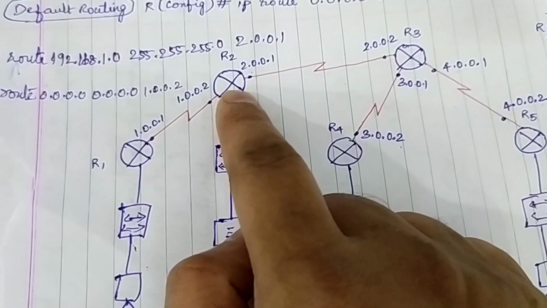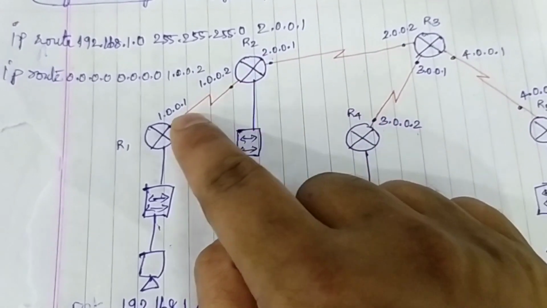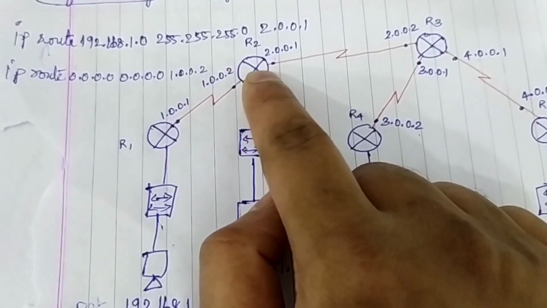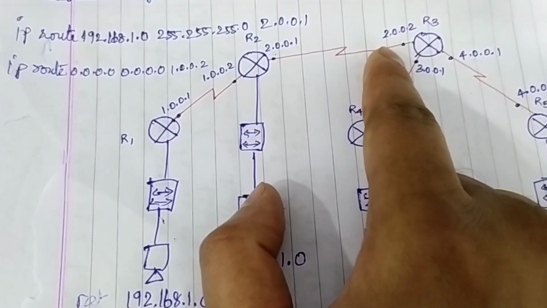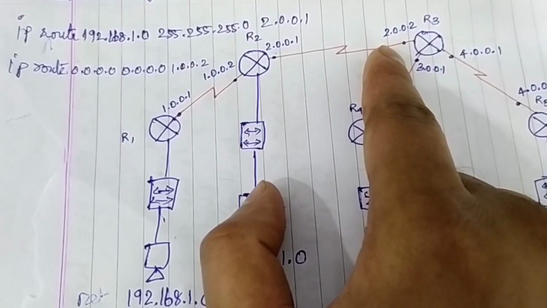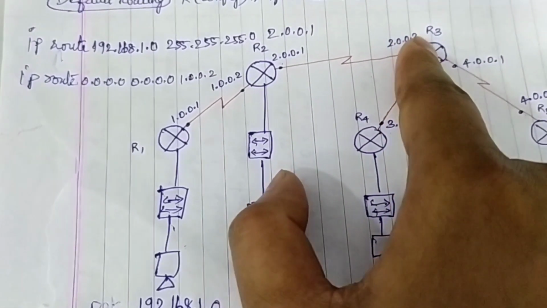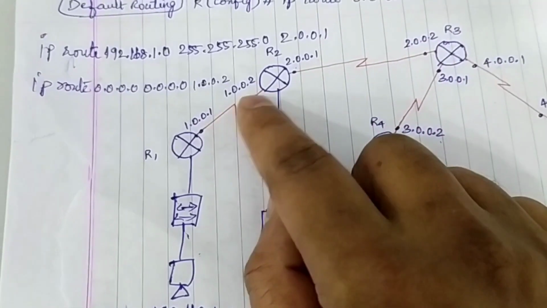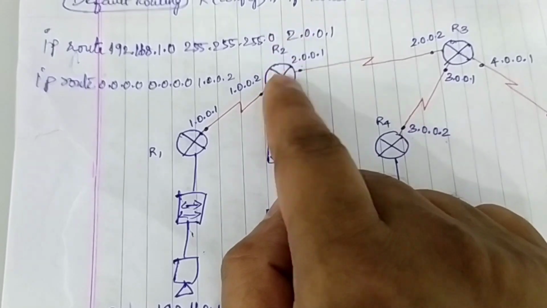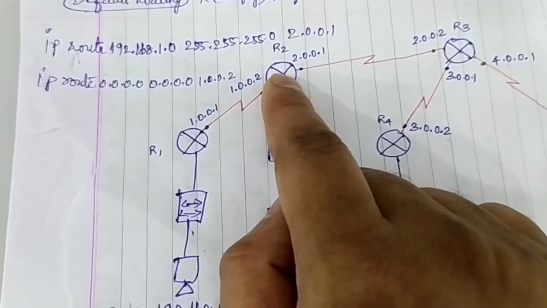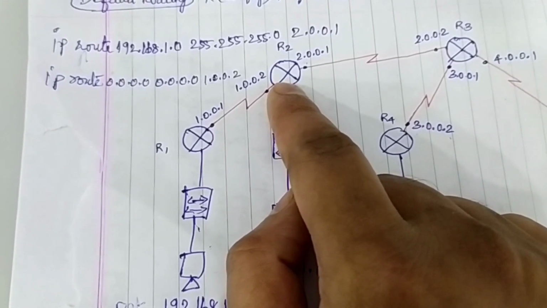Then come to R2. With R2, how many links are connected? This side one link is there, this side one link is there, correct? So for this side link you have to type one line command, that is IP space route space 0.0.0.0 0.0.0.0. Next hop is 2.0.0.2. This side is done. Now come to this side. One more line command you have to type on R2, that is IP space route space 0.0.0.0 0.0.0.0.